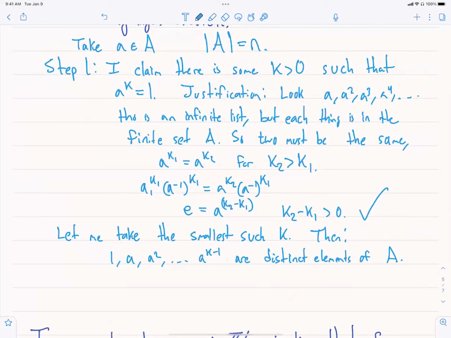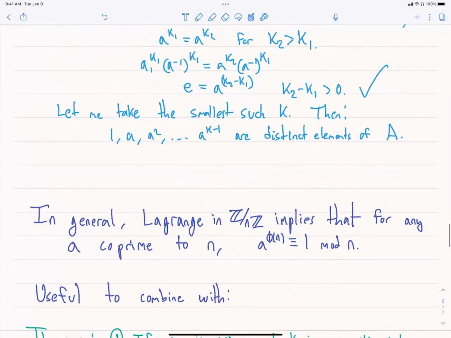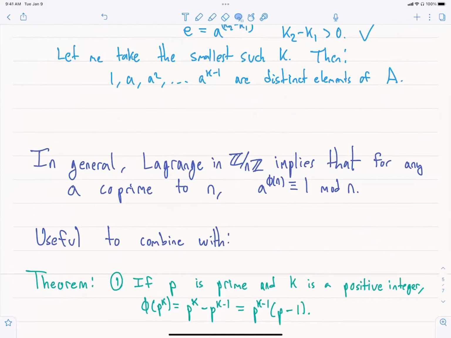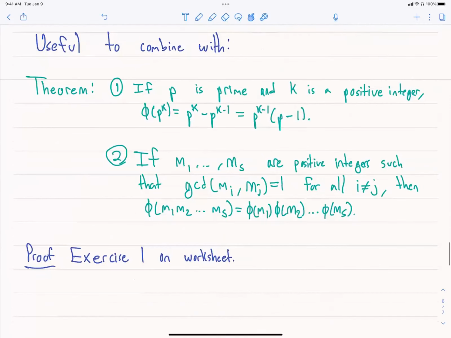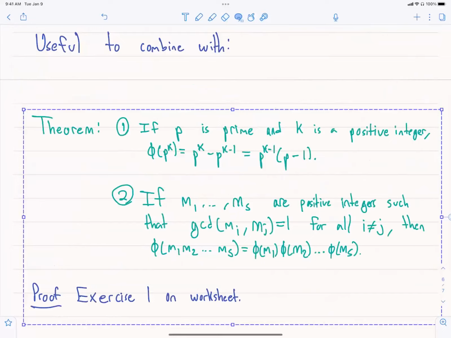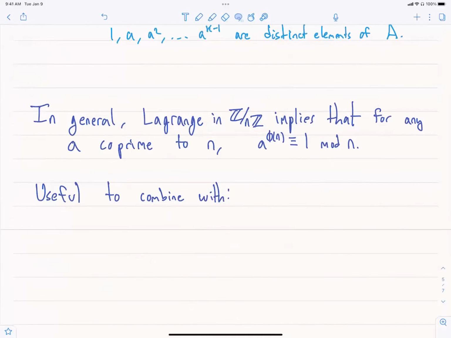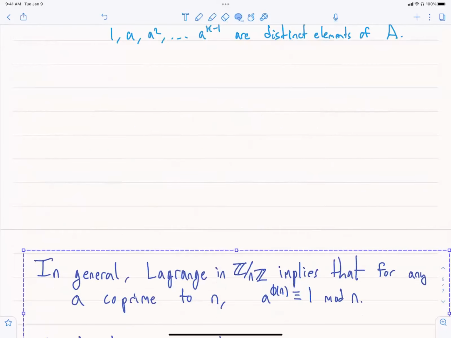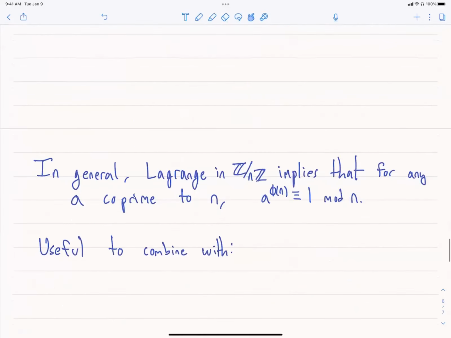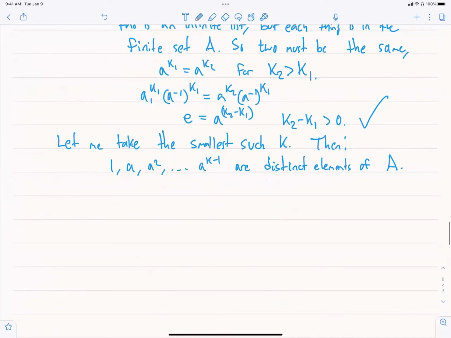Okay, so I'm just going to make myself some more space. So I have these distinct elements of A. These are k distinct elements.